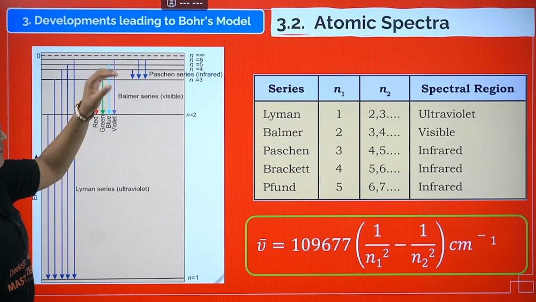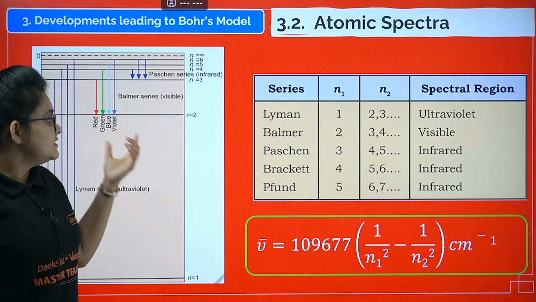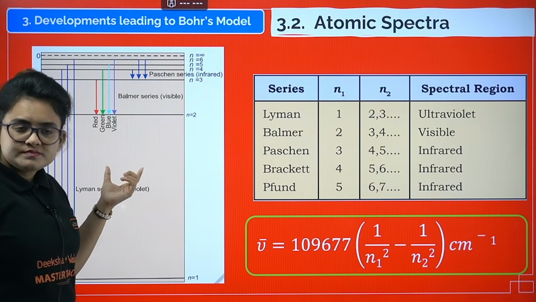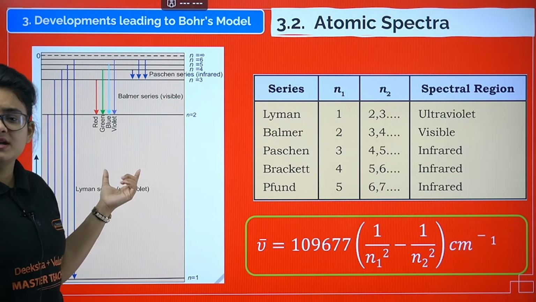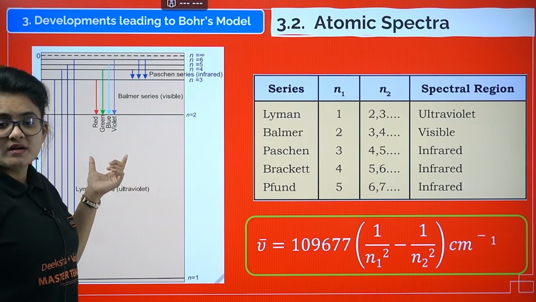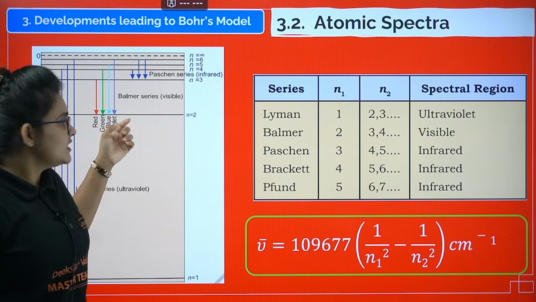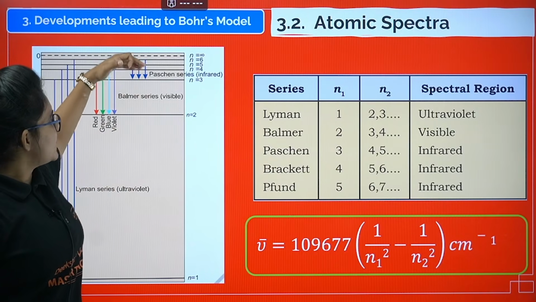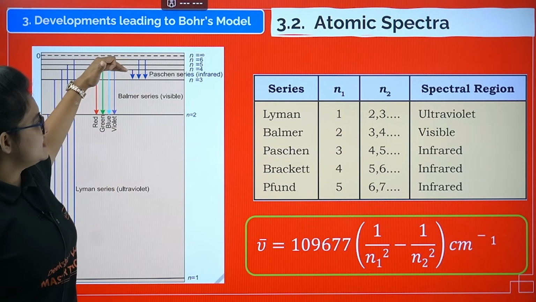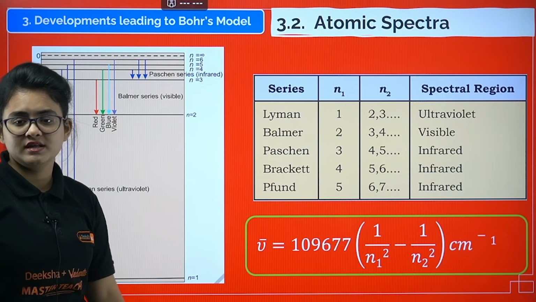After that, if the electron comes back to n=2 from an excited state, the electromagnetic radiation of different frequencies we get is the Balmer series, and that falls in the visible range. Next, if it comes back to 3, it is the Paschen series, and then Brackett and Pfund, and it continues like that.